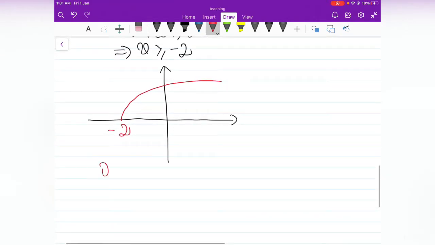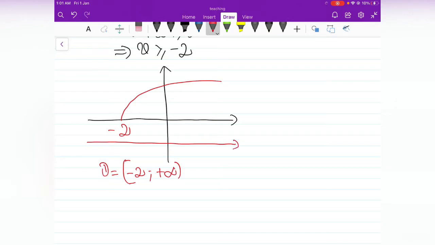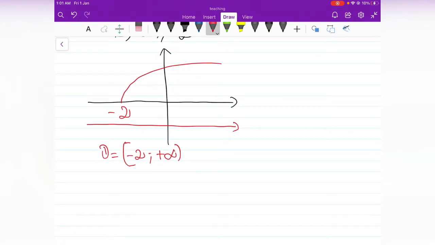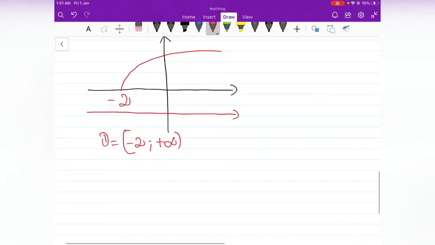So the domain is from minus 2 to infinity. If you take the value of the horizontal, in other words, if you roll the pen from minus 2 to infinity, you will get the domain value.